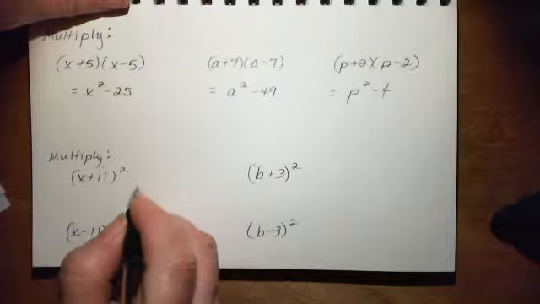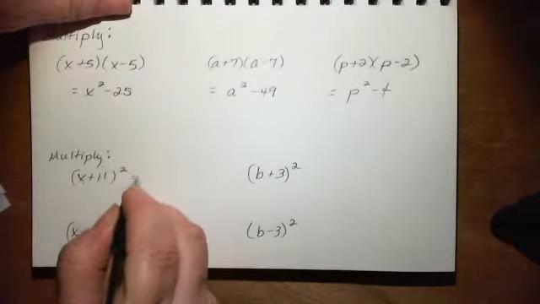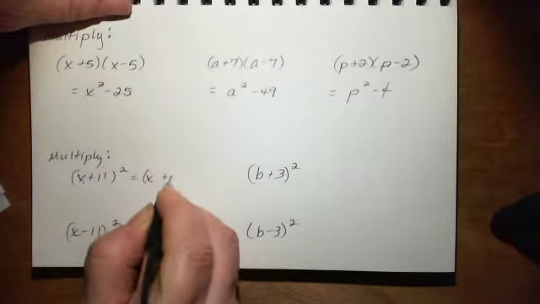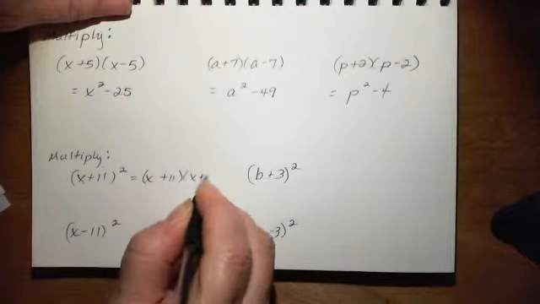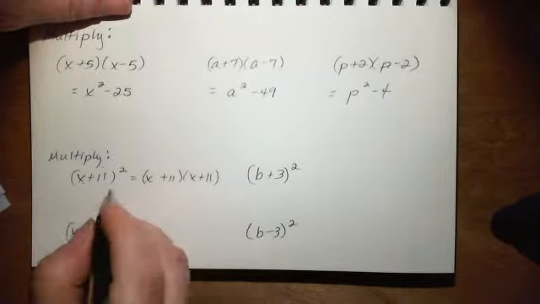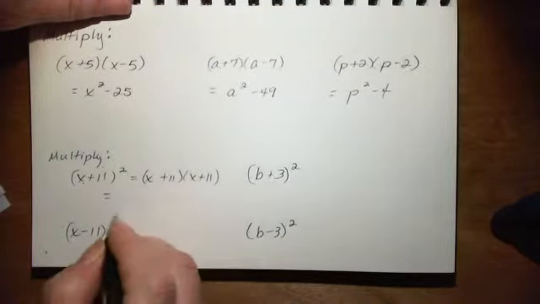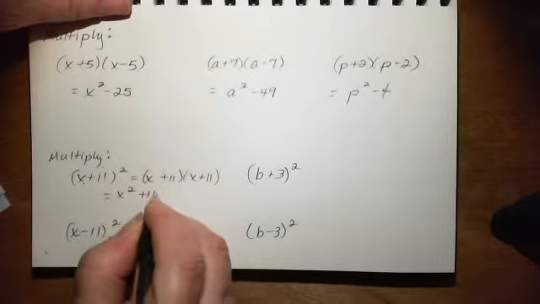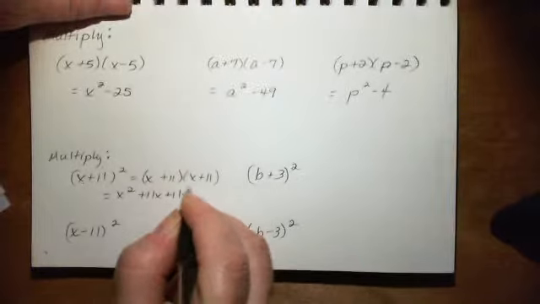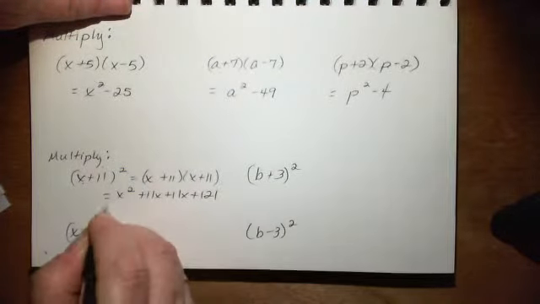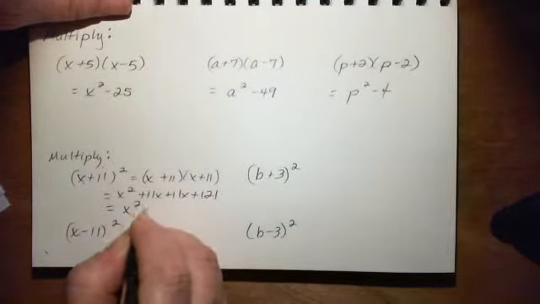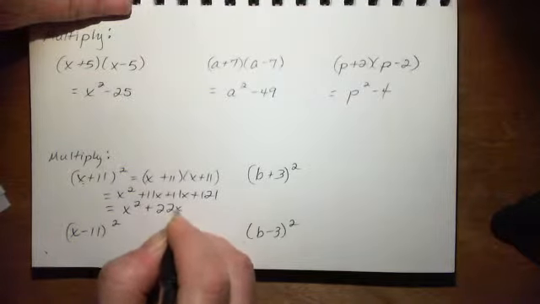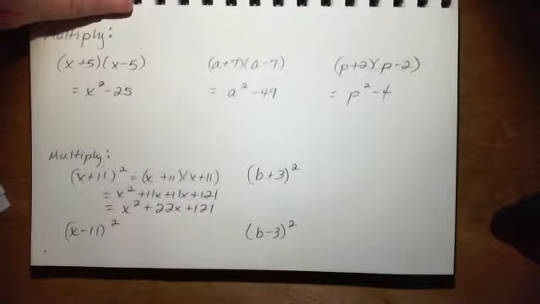If you have any trouble with the pattern, I suggest you put this down as x plus 11, two factors of x plus 11. And then FOIL that, where you get x squared plus 11x plus 11x plus 121, and then collect your terms for x squared plus 22x plus 121.